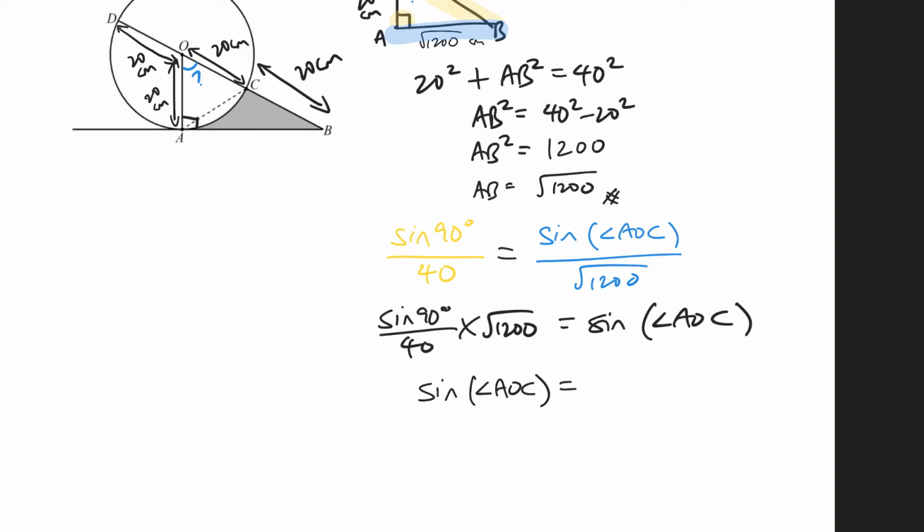If you key this into a calculator, it will give you a nice result. And then angle AOC is therefore sine inverse of this, which is pi over 3, radians.